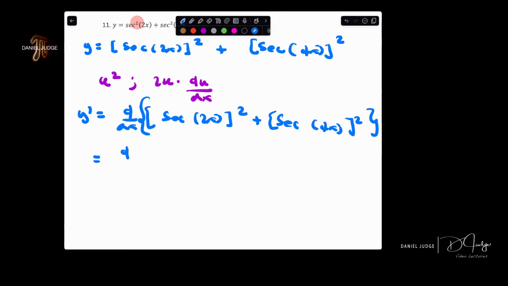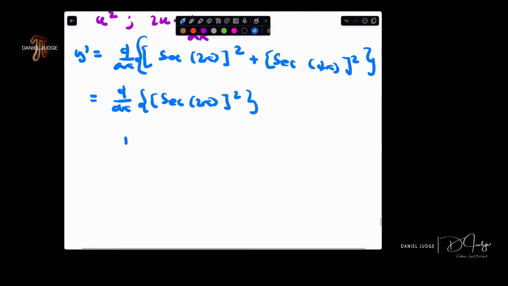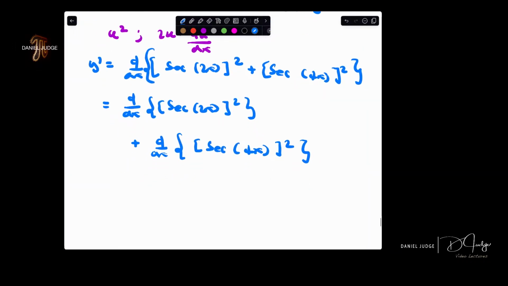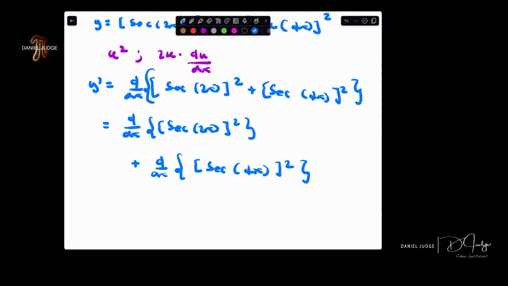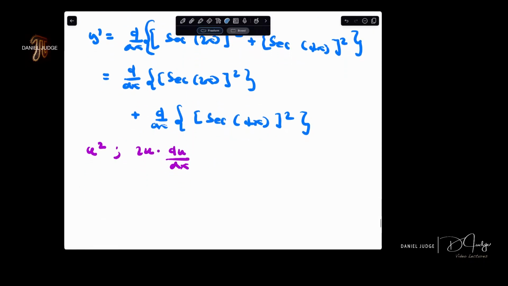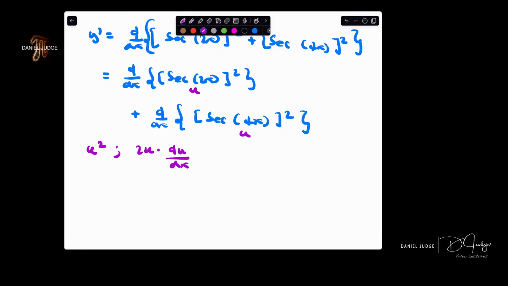So d/dx of (secant 2x) to the second power, we need that derivative plus the next derivative. Maybe that's helpful. And now, specifically, we're going to use the chain rule. In each case here, this is u, and this is u.